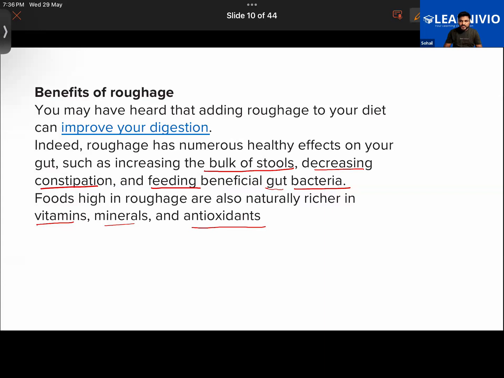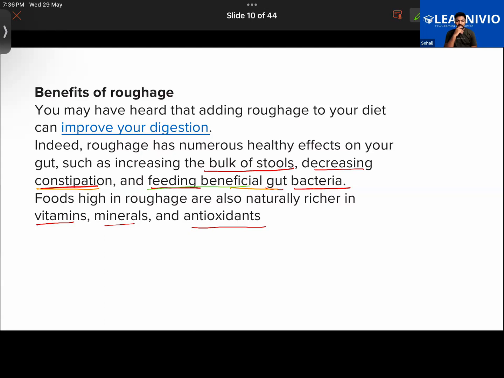You might have heard that the addition of fiber to your diet is good for you. It will improve your digestion because it has numerous health benefits: it increases the bulk of the stool, it decreases constipation, and it feeds the beneficial gut bacteria.